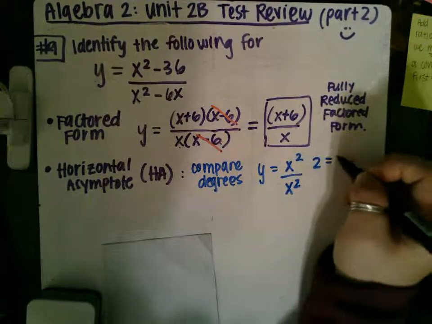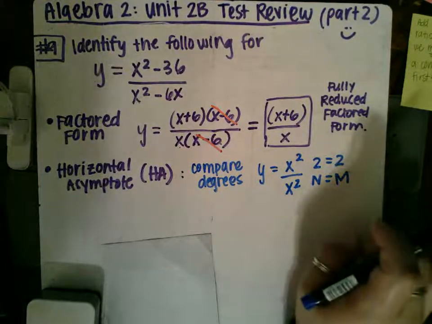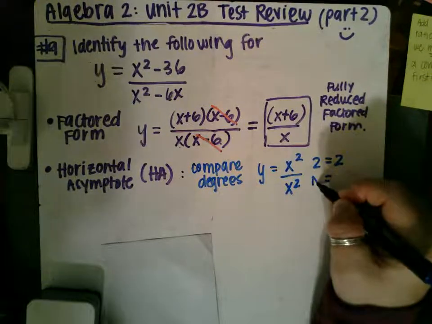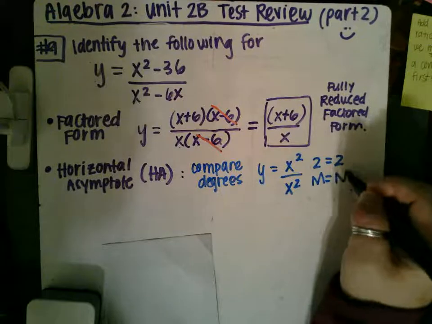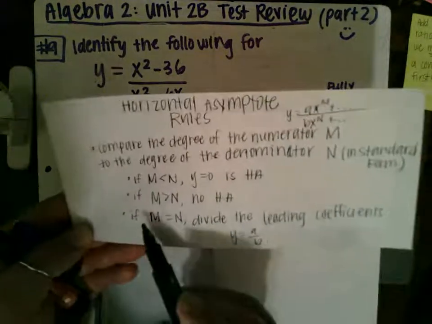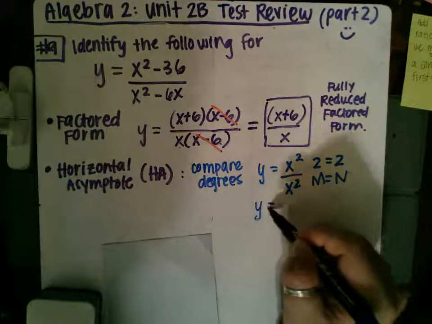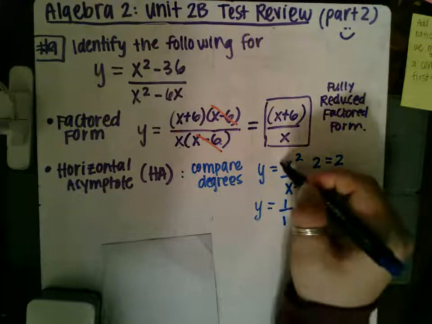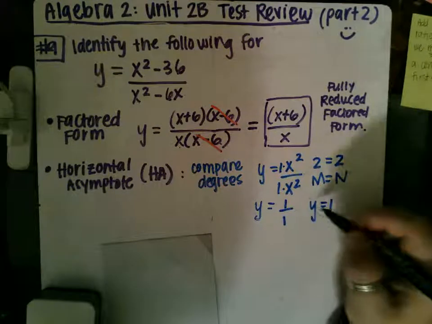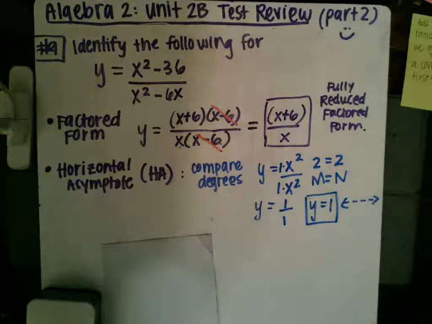Since 2 is equal to 2, or n is equal to m, or I should say m is equal to n, the numerator degree is equal to the denominator degree. Using my rules, if m is equal to n, divide by the leading coefficients. I'm going to divide by the leading coefficients, which is 1 over 1, right? 1 times x squared, 1 times x squared. So we get y equals 1 is my horizontal asymptote.